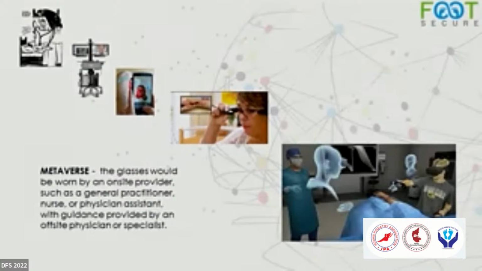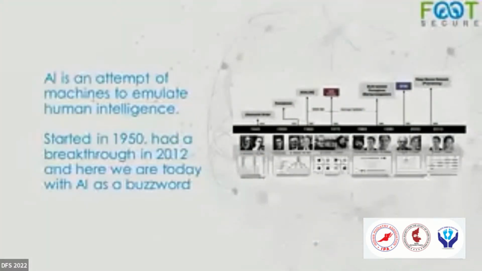Facebook is no more Facebook today, it is Meta. And what we are seeing tomorrow is the metaverse, where holograms will mimic whatever we have been doing. If you're sitting at home, our holograms will be able to treat or diagnose the patient. It is not far away. Probably may not be in our generation, but it is not far away.